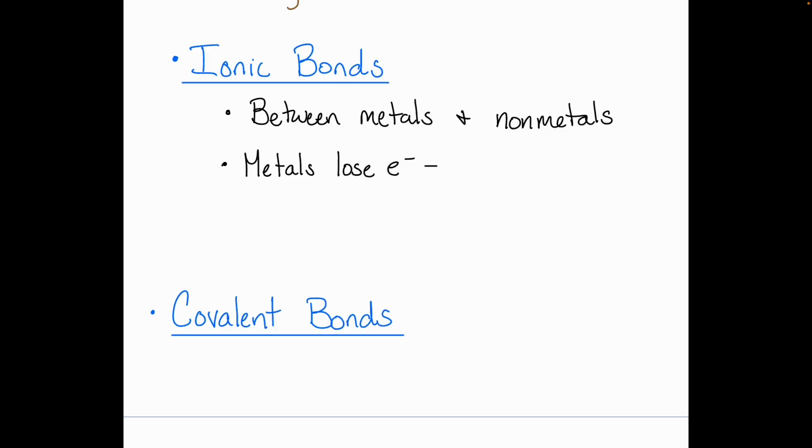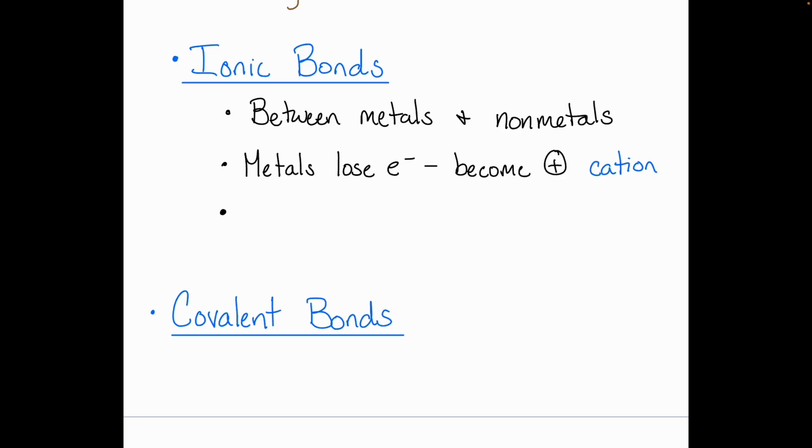I'm left with a positive charge. So if a metal loses an electron, it becomes a positively charged ion, and we have a special name for those positively charged ions. They are cations. So our metal will become a positively charged cation because it loses electrons.